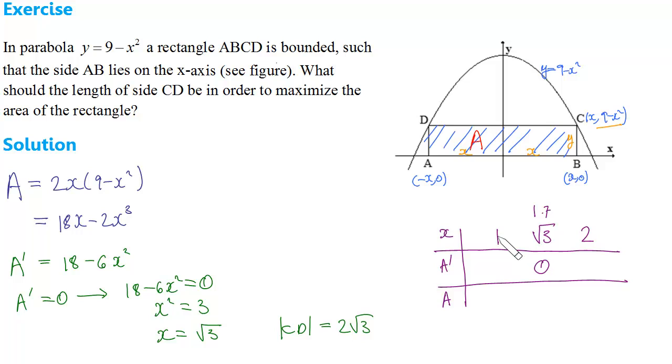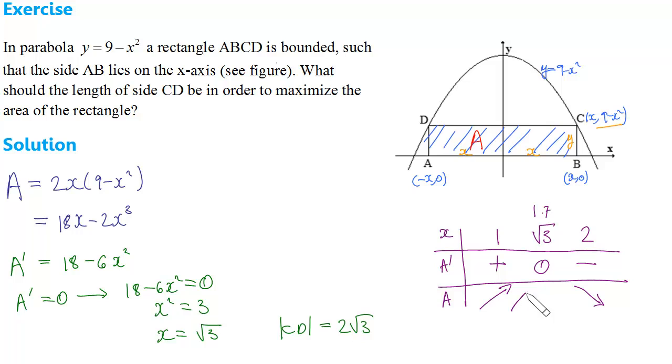So let's see, if I put x equals 1 in here, I've got 18 minus 6 is 12, and that's positive. And if I put x equals 2 in here, then I get 2 squared is 4 times 6 is 24. 18 minus 24 is negative. This means that the function up to the point square root of 3 is increasing, and from the square root of 3 it's decreasing.